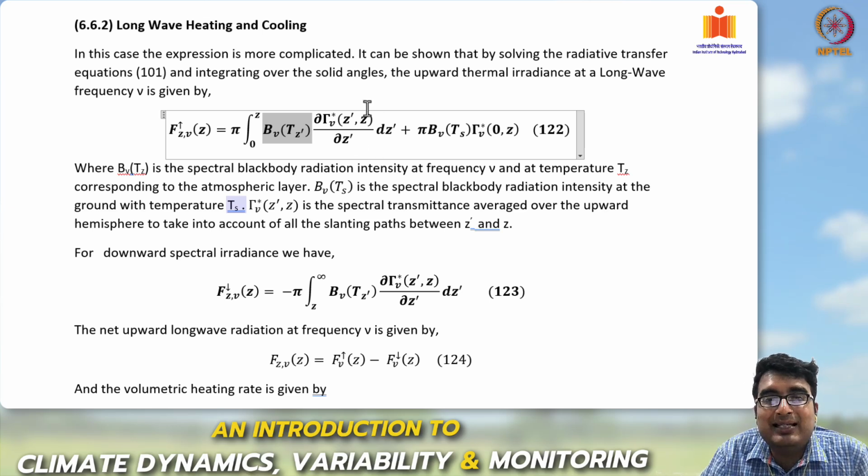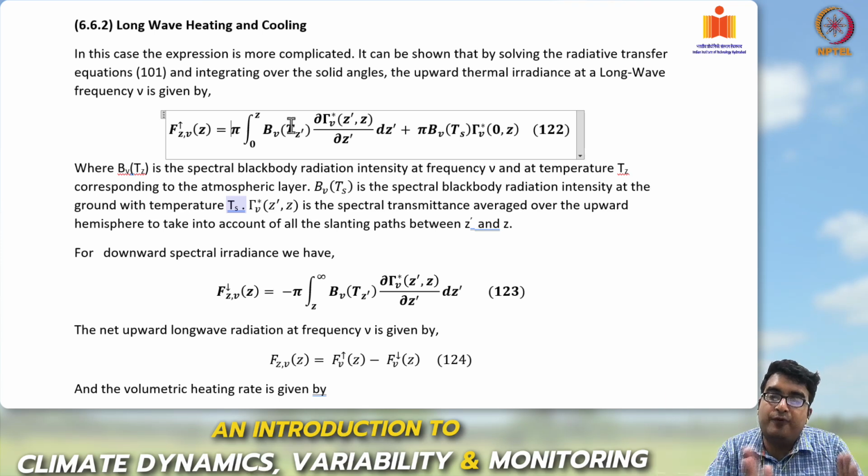So this is the first expression, it is going from 0 to z, and the pi term is there because it's over the entire hemisphere. And it's diffuse radiation, so if you integrate, you will get the pi expression to move from radiation intensity to radiation flux density. The pi term comes into the picture.